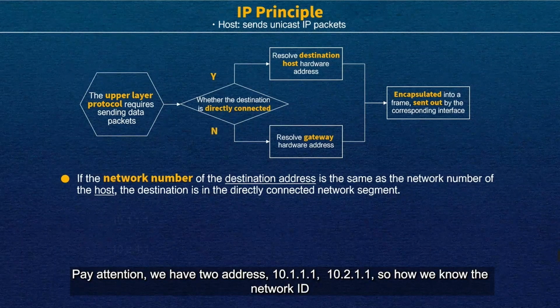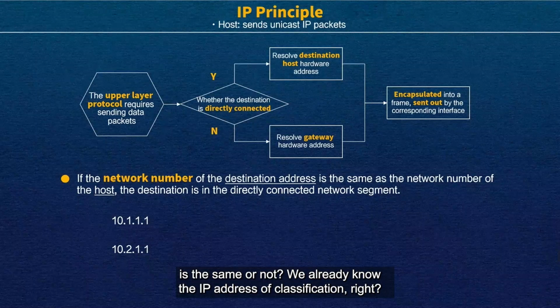Pay attention. We have two addresses, 10.1.1.1 and 10.2.1.1. How do we know whether the network number is the same or not? We already know the IP address classification, right?